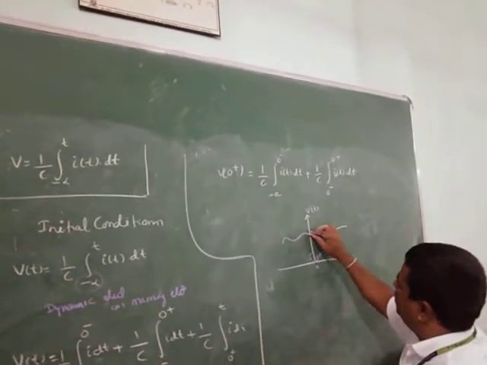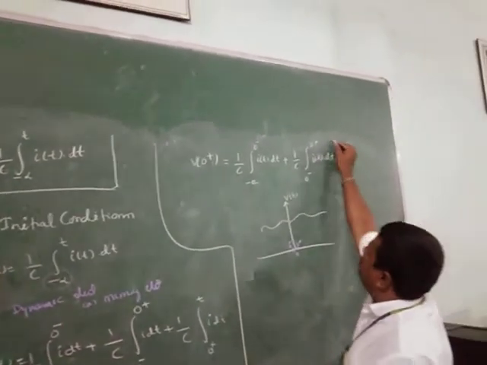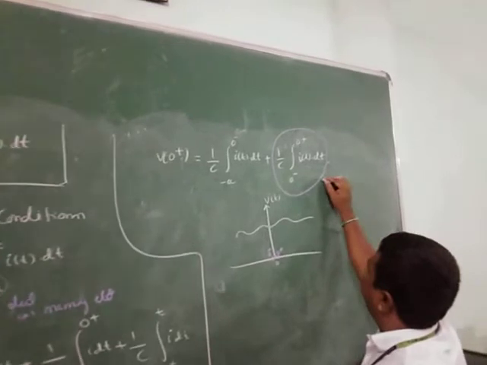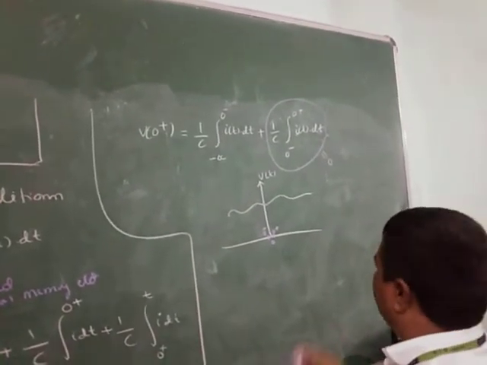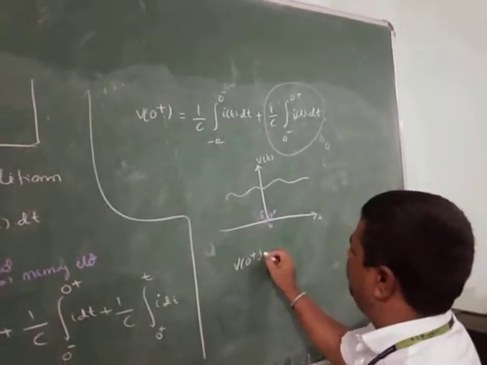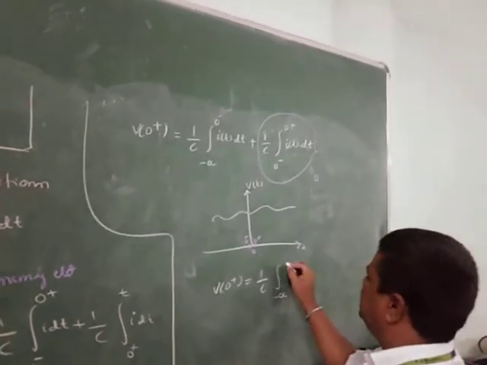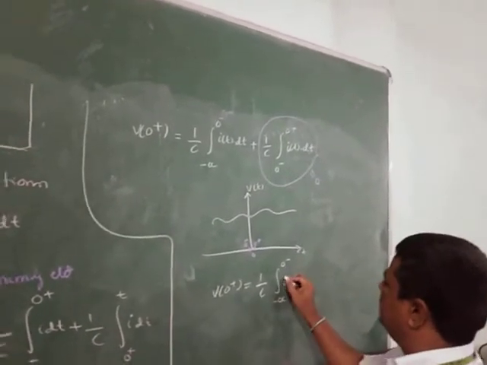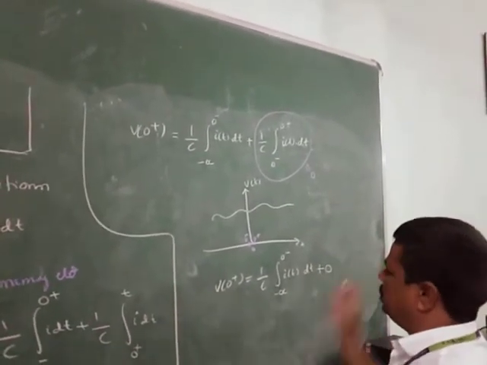The voltage is almost constant, so the integral of this term is almost equal to 0. That means V of 0 plus is equal to 1 by C integral from minus infinity to 0 minus of I of t dt plus 0.